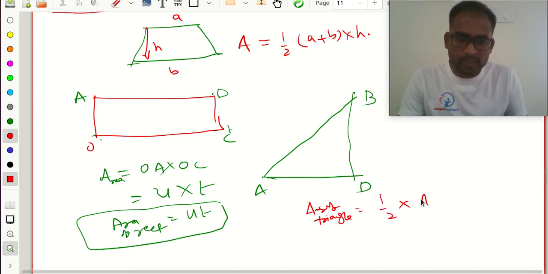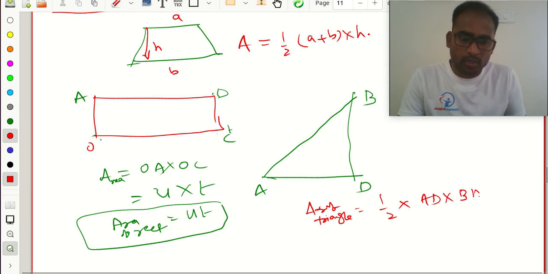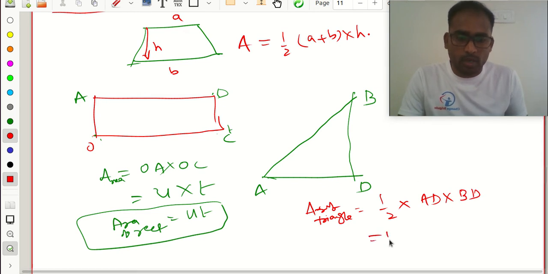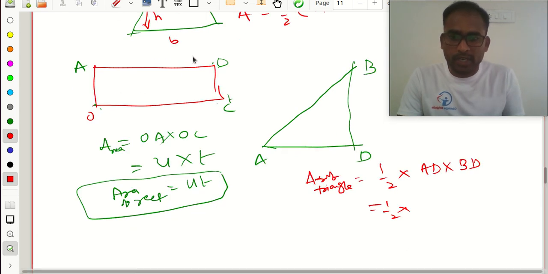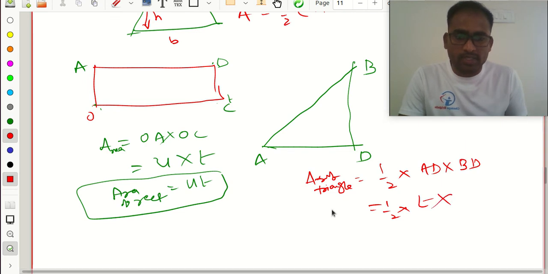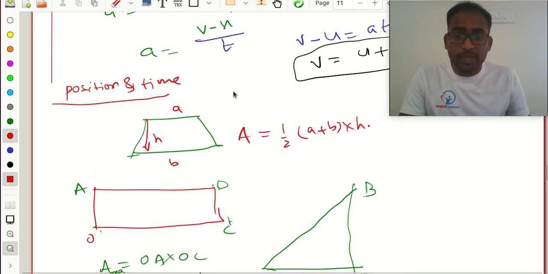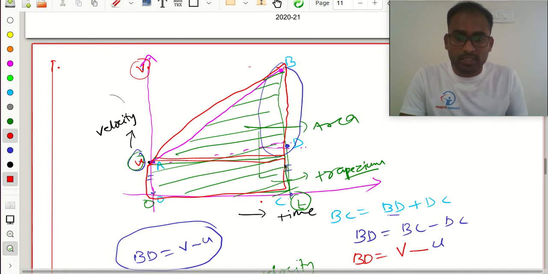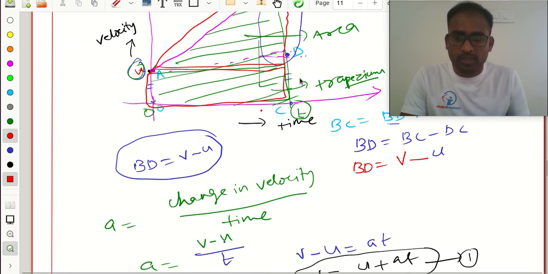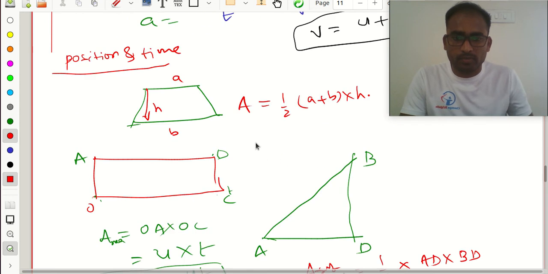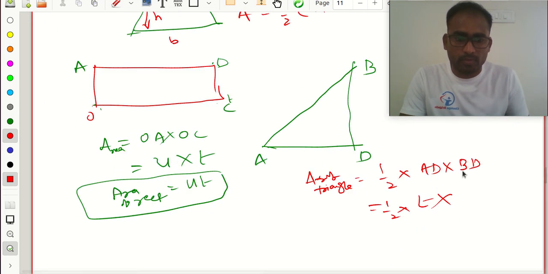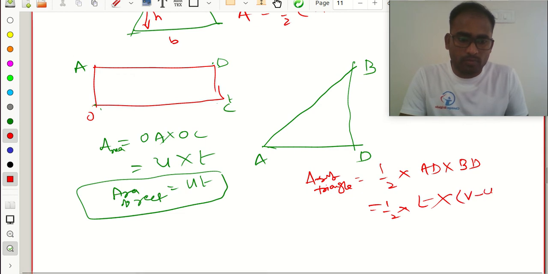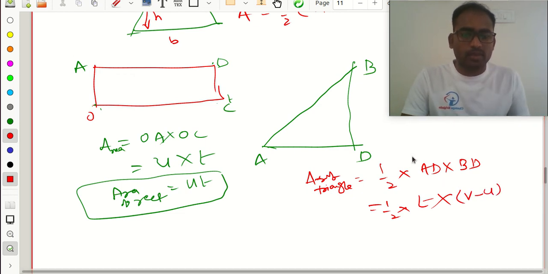Half into base AD, height is BD. AD value is T only, na? OC is equal to AD, T. What is the BD value? BD is the change in velocity. BD is V minus U.